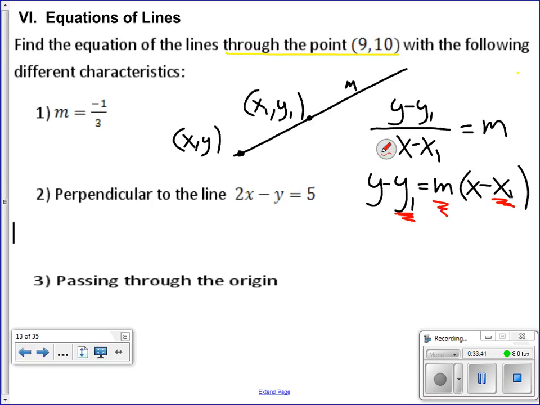So for the first one, if the line has to go through the point (9, 10) and have a slope of negative 1/3, what's the equation of the line? y minus 10, the y coordinate, equals negative 1/3, the slope, times x minus 9. And that is the equation of that line.